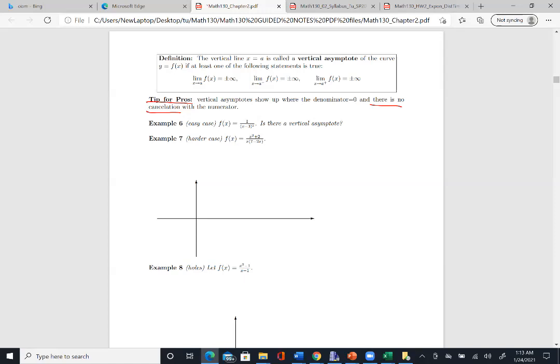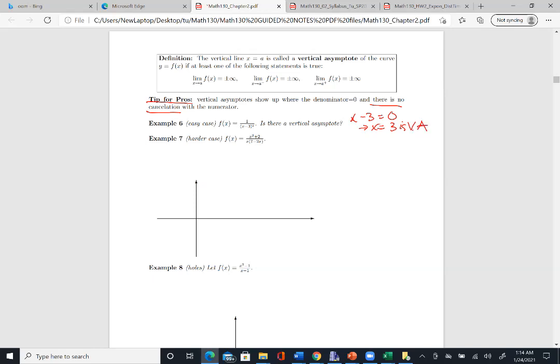So example 6, f(x) equals 1 over (x minus 3) squared. To find vertical asymptotes, make the bottom x minus 3 equal 0. Remember, top and bottom don't have any common factor, so there's no cancellation. So you just have x equals 3 as the vertical asymptote.